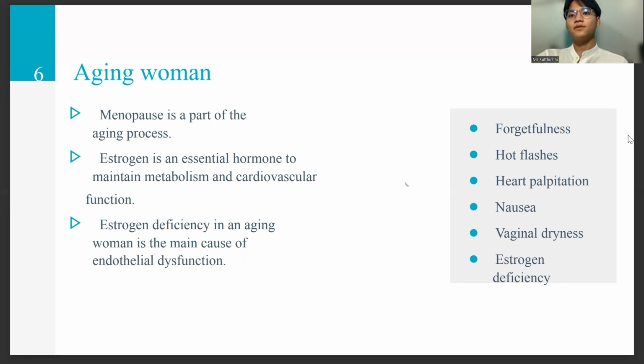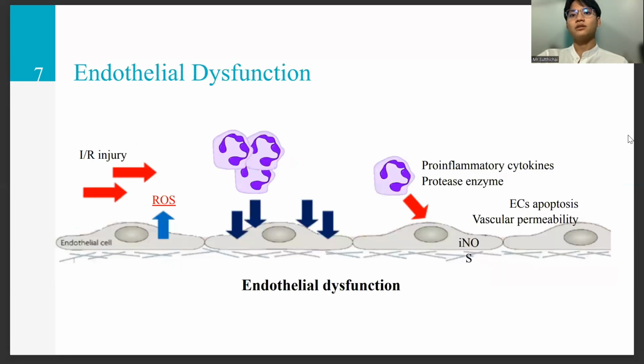Therefore, estrogen deficiency in menopausal women is a major cause of the development of ischemic reperfusion injury due to the loss of cardioprotective effects of women's hormones during menopause transition, which is associated with vascular endothelial dysfunction. Endothelial dysfunction is the most common form of vascular abnormality.